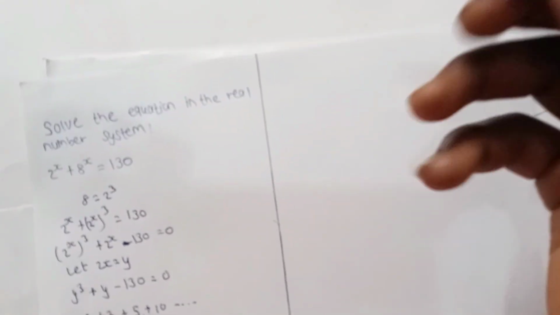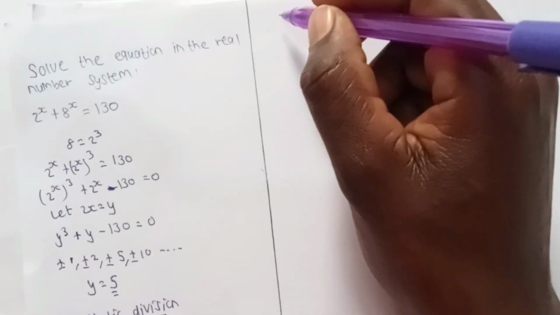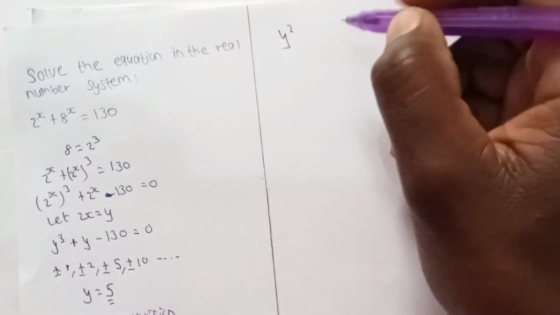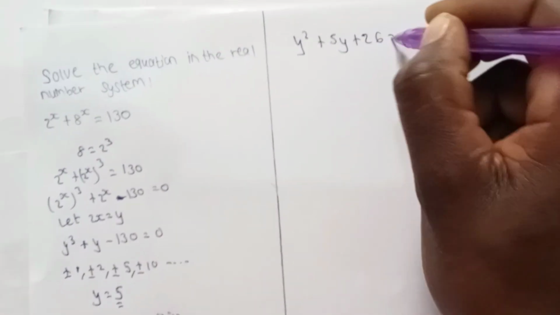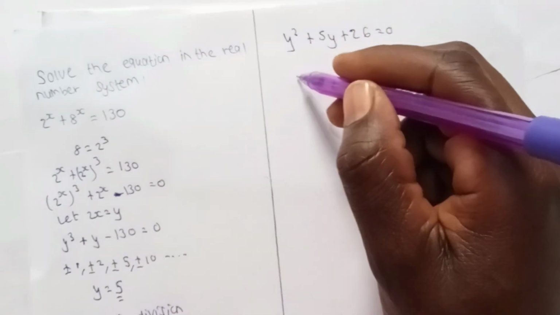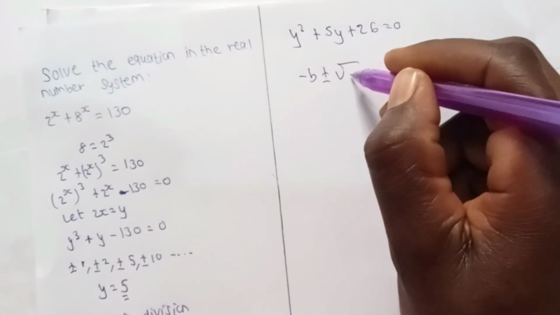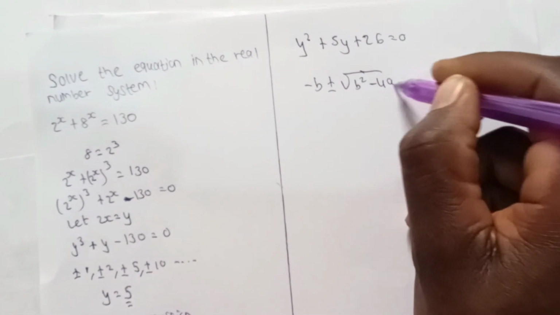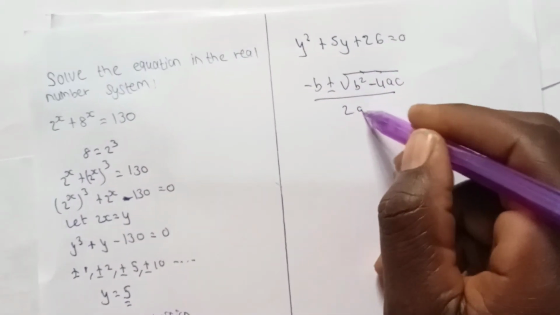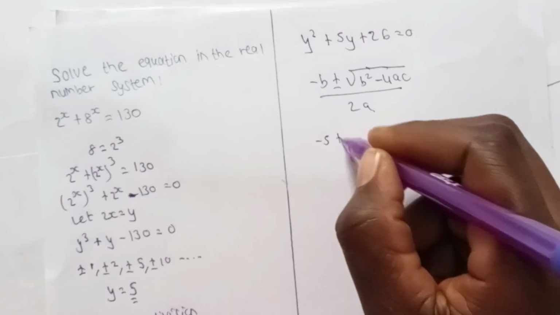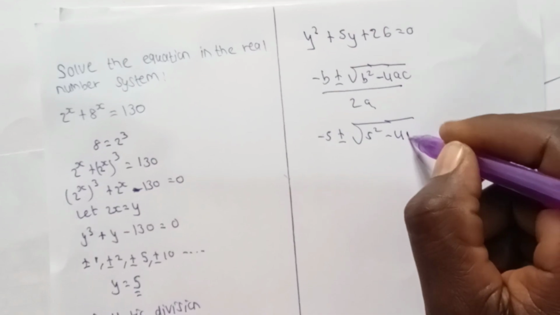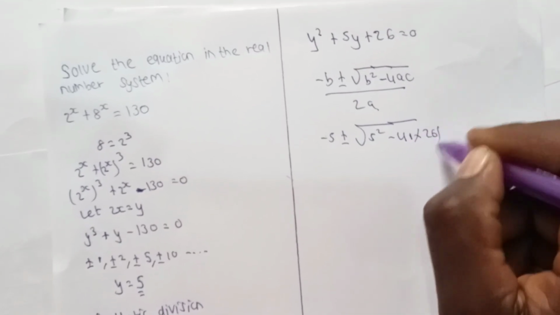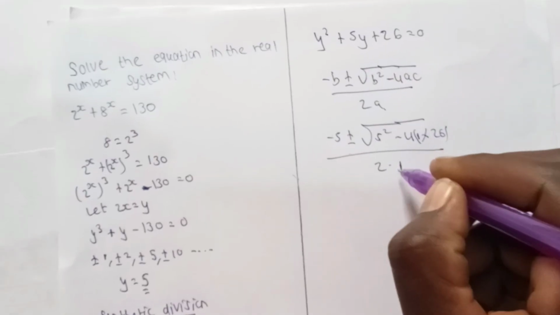So we can continue further to form the quadratic equation, which will be given by y squared plus 5y plus 26 = 0. So we'll use the formula negative b plus or minus square root of b squared minus 4ac, all over 2a. We have y = negative 5 plus or minus square root of 5 squared minus 4, a is 1, c is what? c is 26, all over 2 times 1.